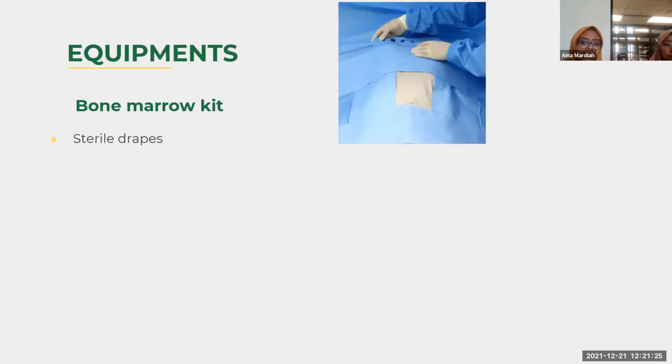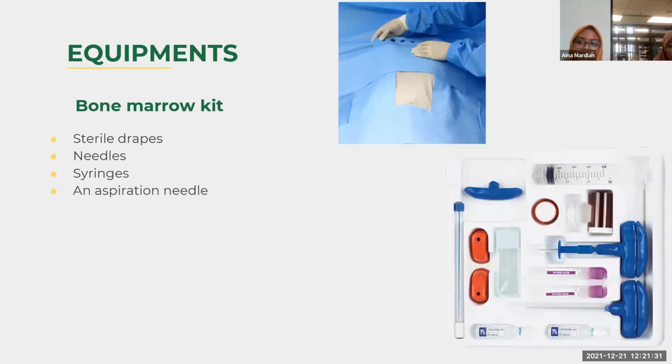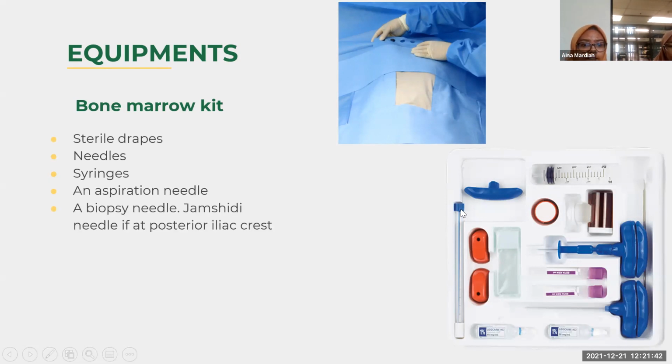For the list of equipment, firstly we have the bone marrow kit, which includes sterile drapes to avoid the risk of infection, a syringe, needle, and also aspiration needle, like in this picture. The syringe, needle, biopsy needle, and aspiration needle.